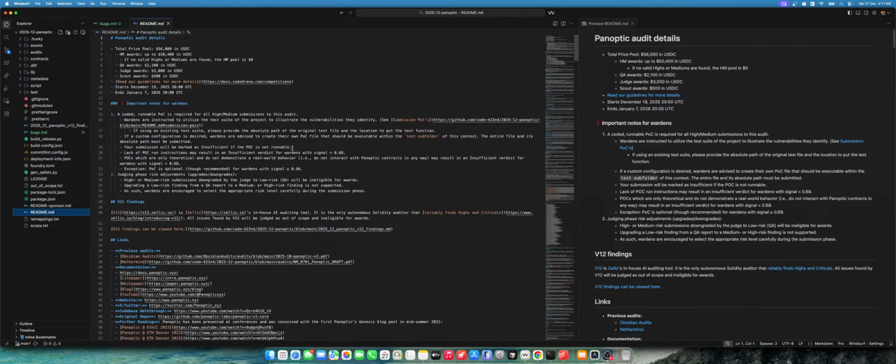I'll just have a quick understanding of the readme, like what does the project do.